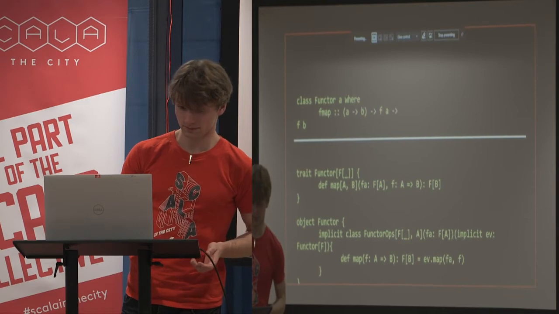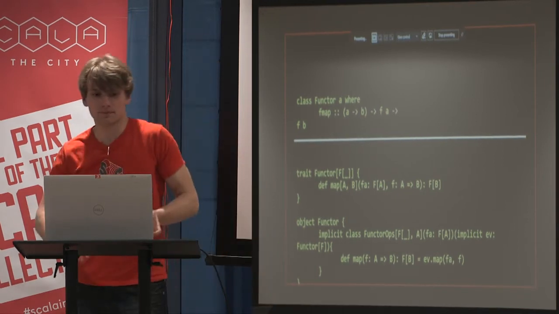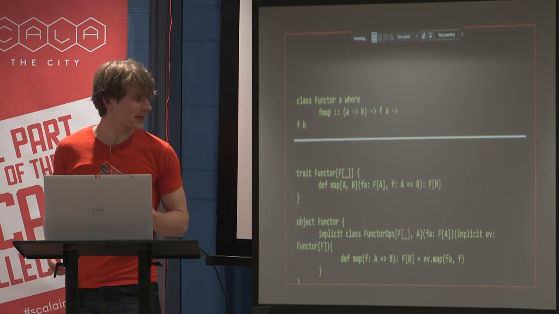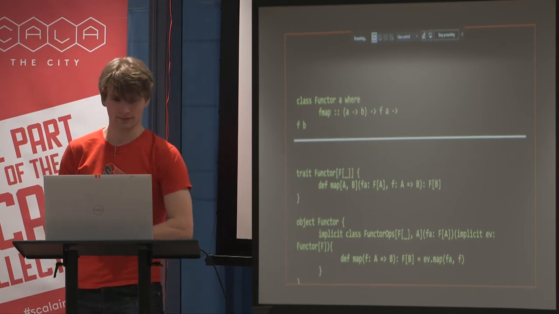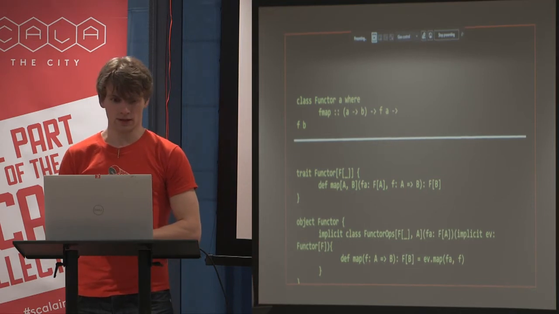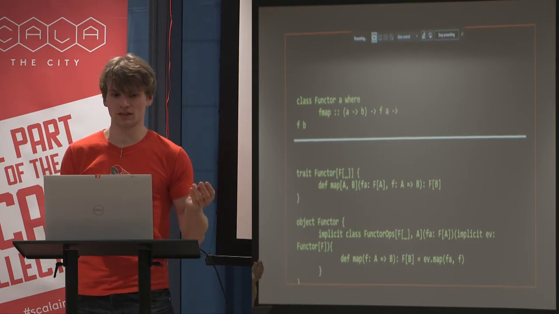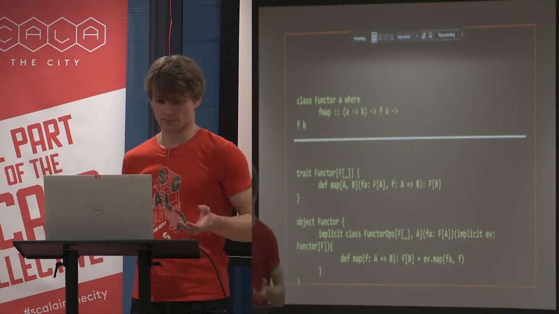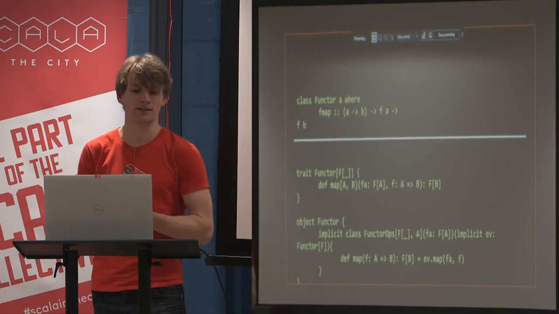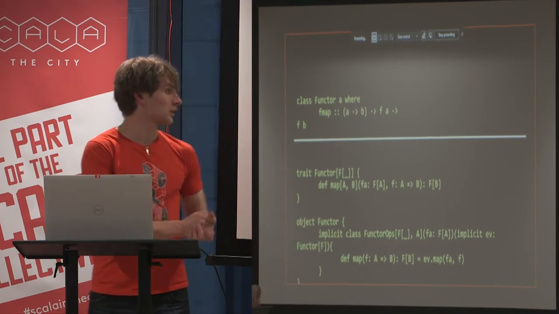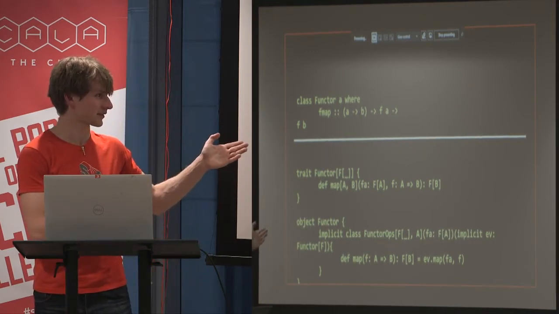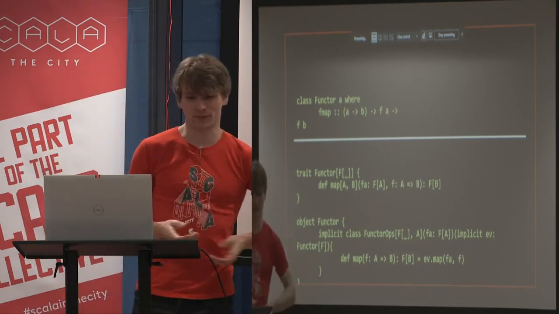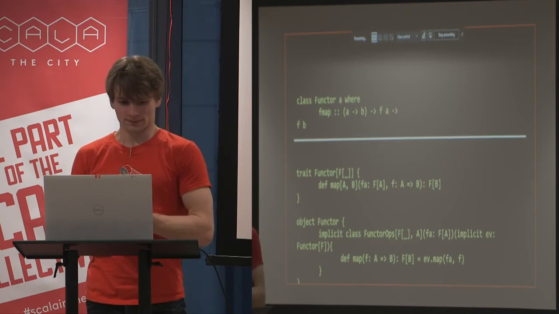And moreover, when you want that behavior to be implemented in your class as a method, then you have to define an implicit class in Scala 2, which will automatically convert your type into an instance of functops, which implements that method.